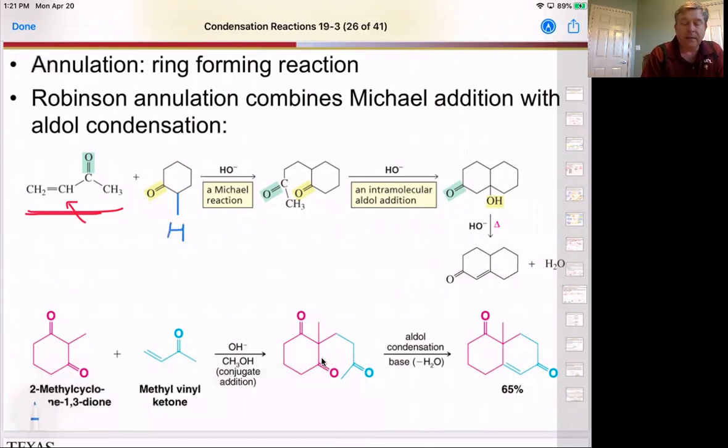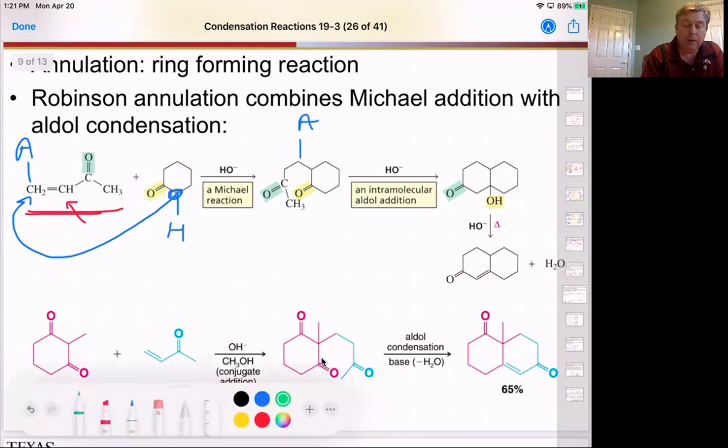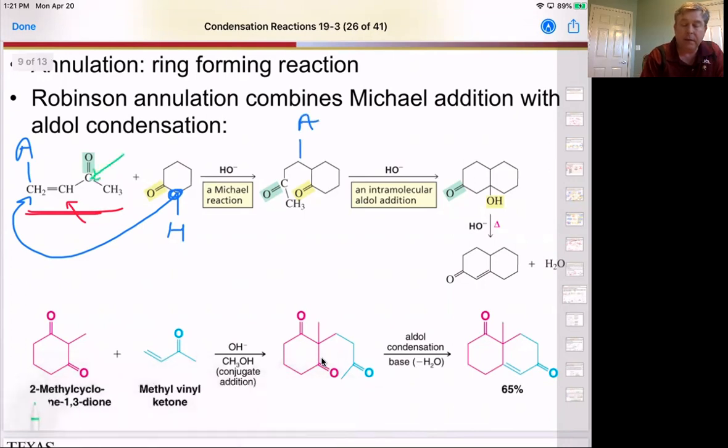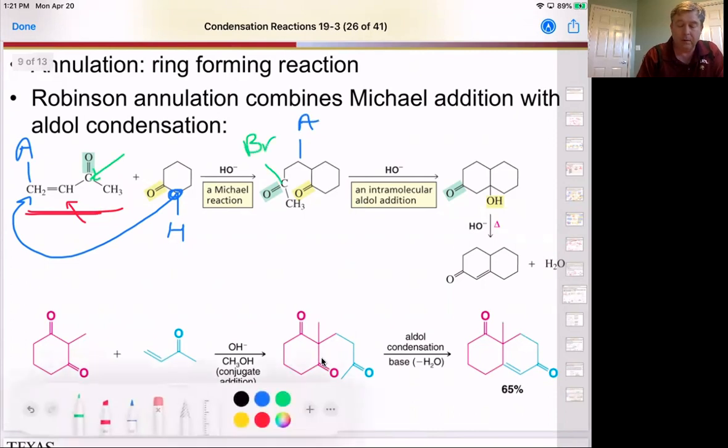That's going to give us our anion here, which is then going to go into our addition reaction. So if you look here, this carbon I'm going to label as A, and I'm going to label this carbonyl B right here.